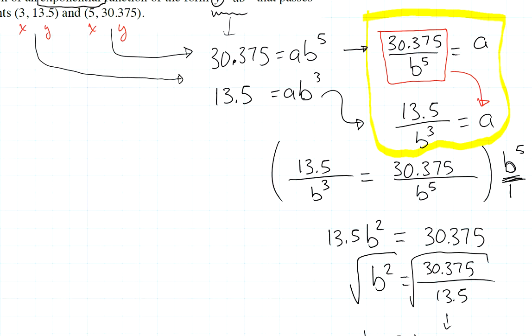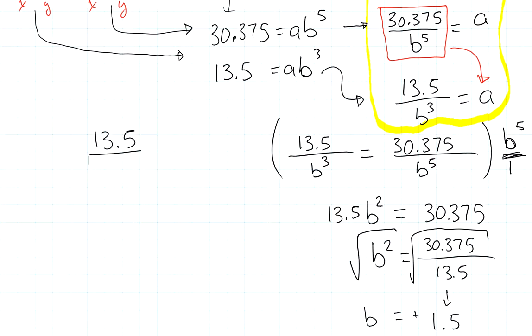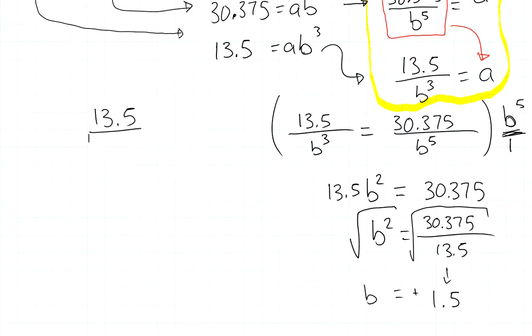So I'm going to take this expression. Let me grab the black pen. The bottom one is 13.5 divided by b to the third power. b we have found is 1.5, and we're going to raise that to the third power.